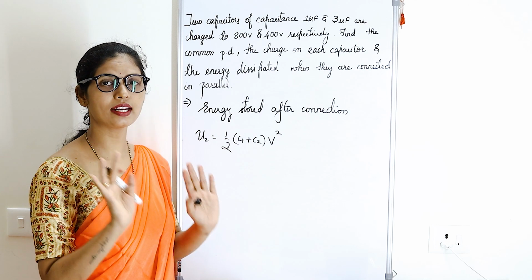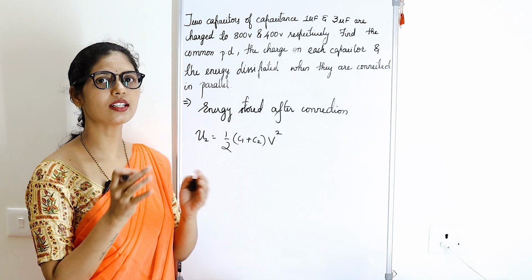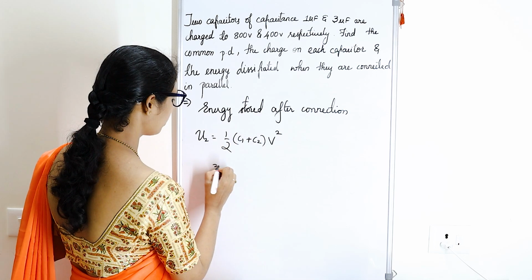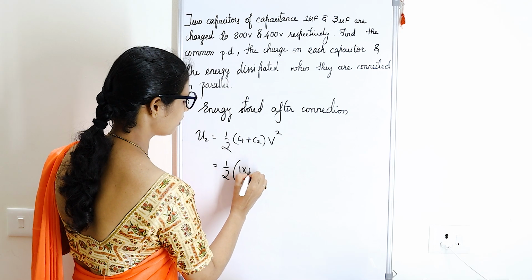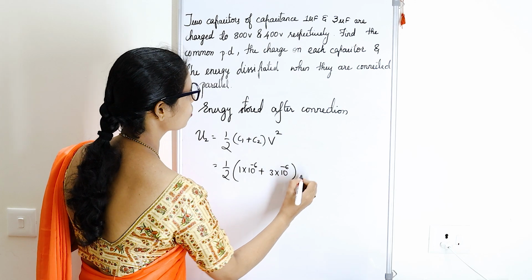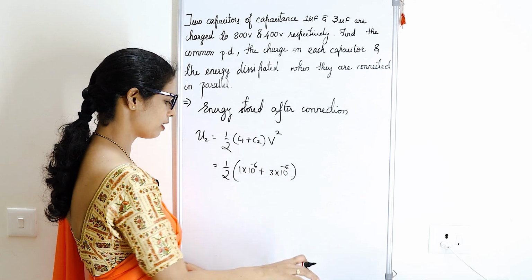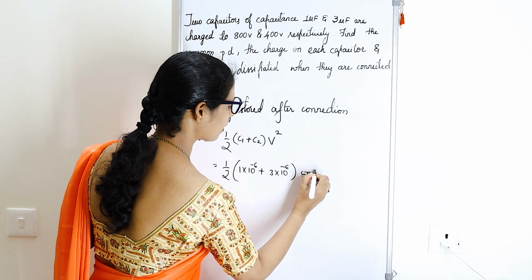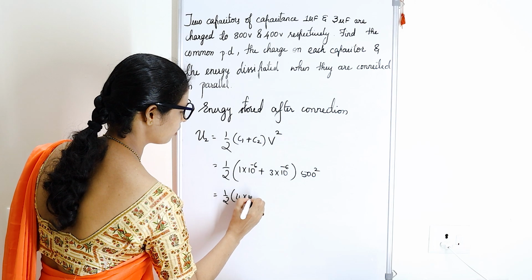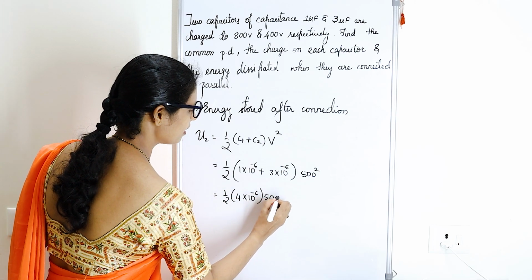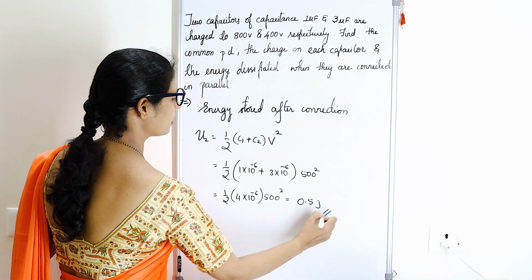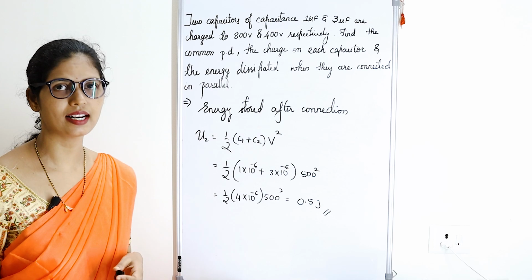You will not take V1 or V2. After the connection the potential difference is common to both capacitors, so you take it as V square. So equals 1 upon 2, 1 into 10 to the power of minus 6 plus 3 into 10 to the power of minus 6, into bracket. The potential difference value was 500, so 500 square. So half, 4 into 10 to the power of minus 6 into 500 square gives you 0.5 joules. So this is the energy stored after parallel connection.